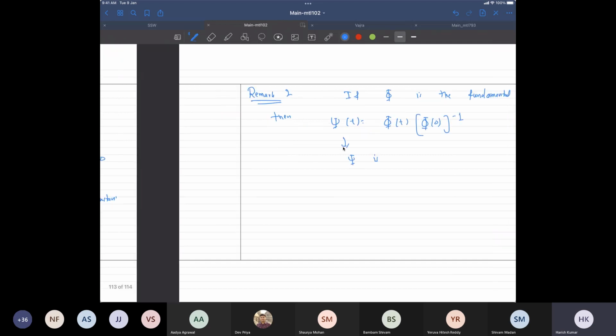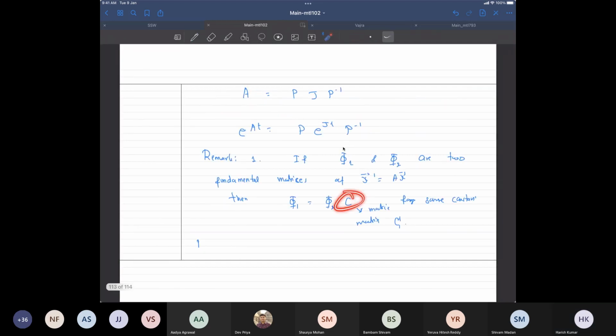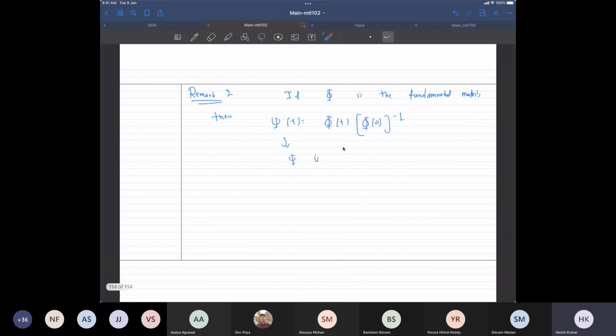Of course, it's a fundamental matrix because for any constant C, this will be a fundamental matrix. But what I want to say is that it is the principal fundamental matrix. And why will this be the principal fundamental matrix?